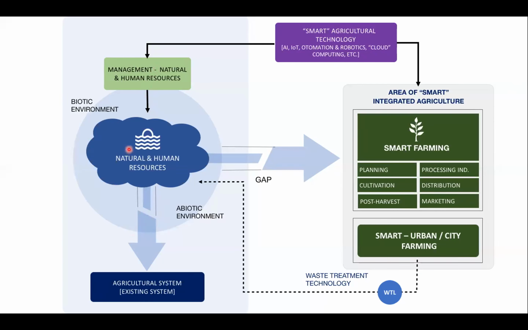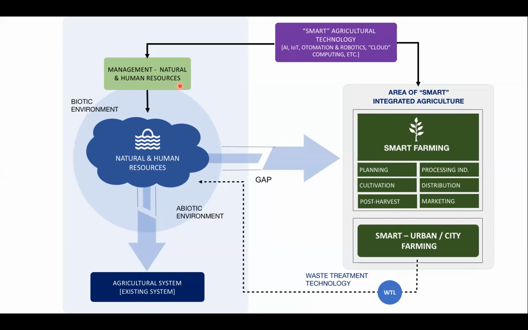That's how to manage the natural and human resources, of course. Without any technology, this agricultural system stays in its existing condition, without any intervention of smart technology. But if we introduce smart technology, IoT, automation, robotics, etc., we can change our conventional agricultural system to a smart agriculture system.